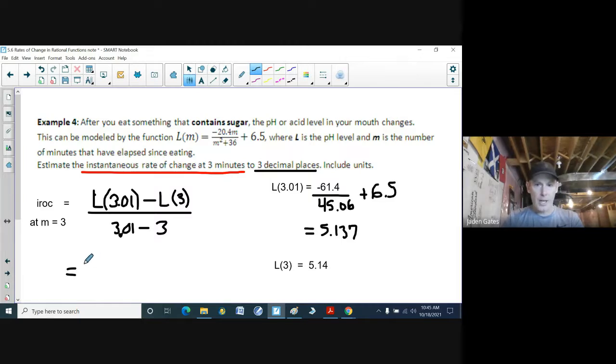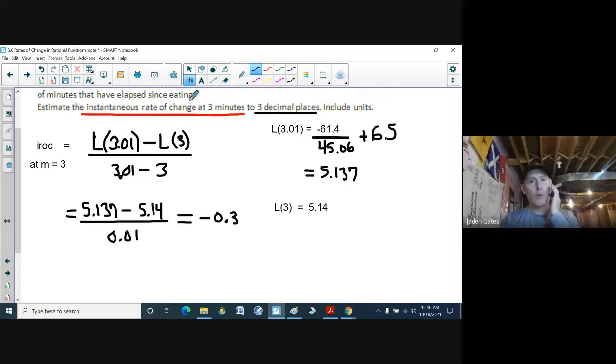So we got 5.137 minus my 5.14. And again, I'm going to divide that by 3.01 minus 3, 0.01. All right, and now I do some subtraction, then divide, and I actually get negative 0.3.